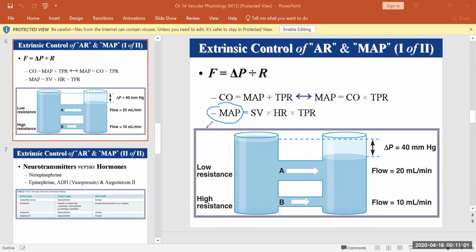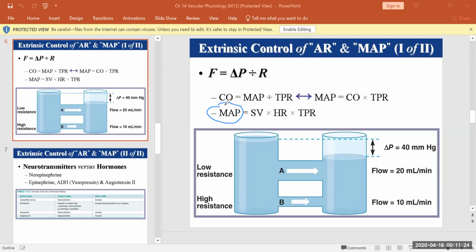Now, we are not talking about the heart. We are talking about blood vessels, right? Blood flowing through blood vessels now, because when we talk about the heart, it's blood being pumped out of the heart and going through the blood vessels. So now the center of attention, the star of the movie, is the blood vessels.